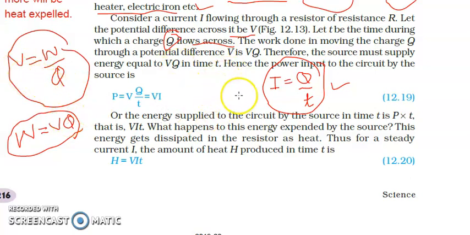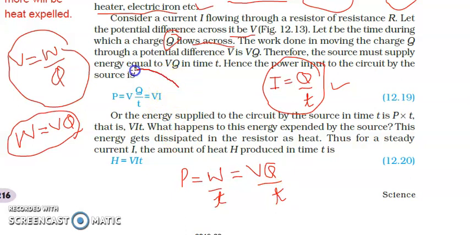So what we are trying to do is calculate the power. In this case, power is equal to work done per unit time, and we already know that work done is equal to V into Q. So work done is V into Q upon time. I hope this is clear. This is the formula that they have written.